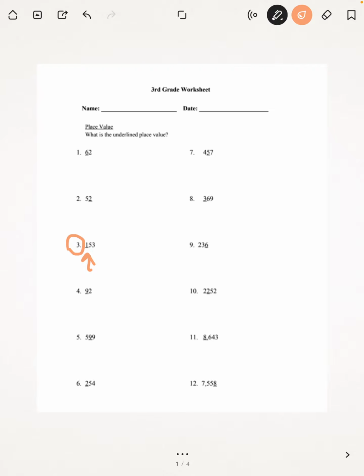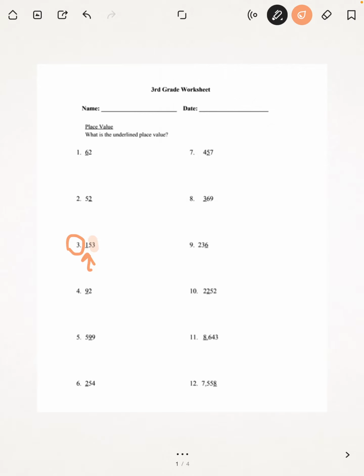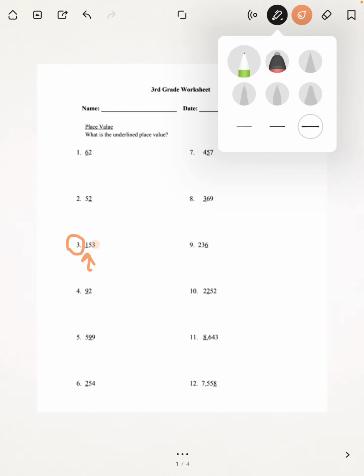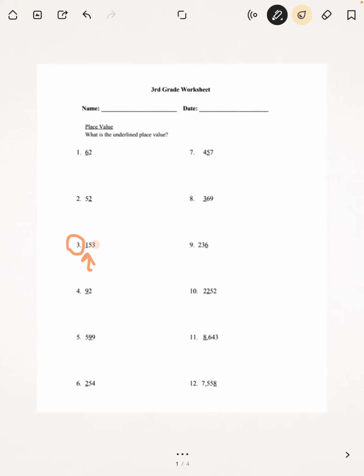So let's say, for example, this number, the 3 is in the 1's place. The 5 is in the 10's place.